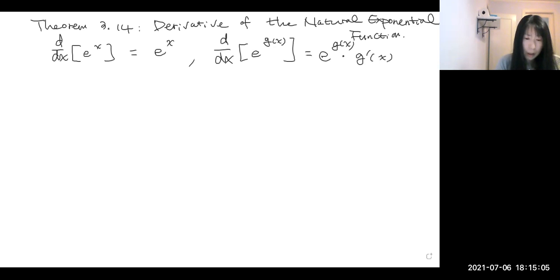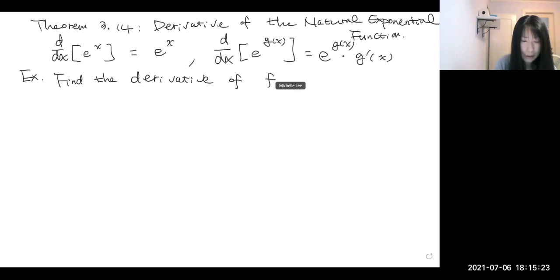Okay, so let us do that. Find the derivative of f of x equal to e to the tan 2x.